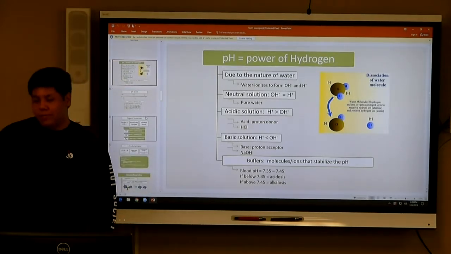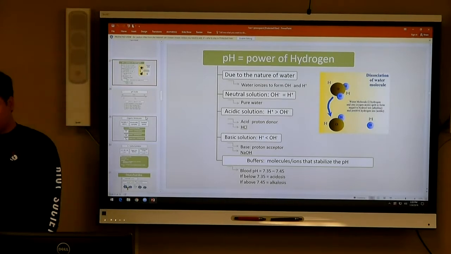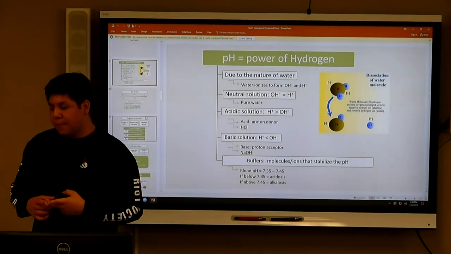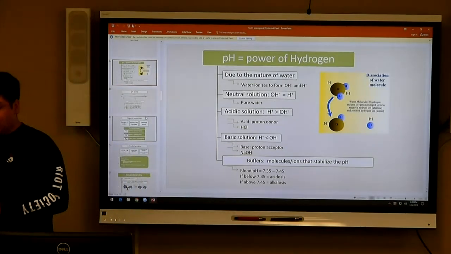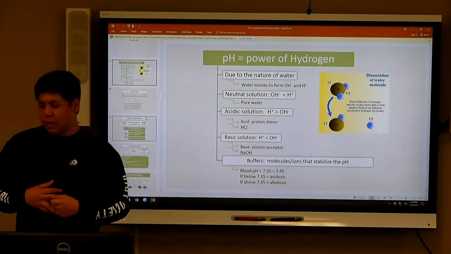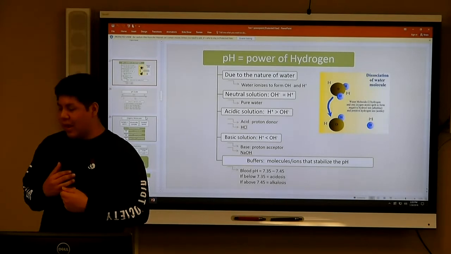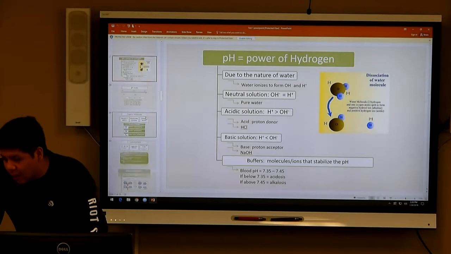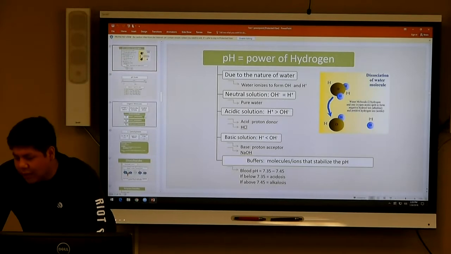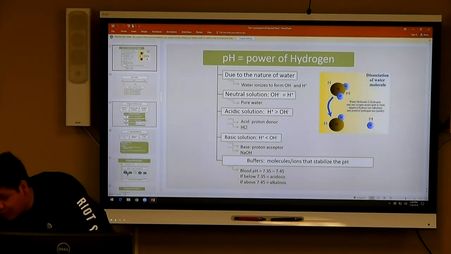And so this says pH equals power of hydrogen. Due to the nature of water, water ionizes to form OH negative and H positive. I'm going to read this bottom part right here.